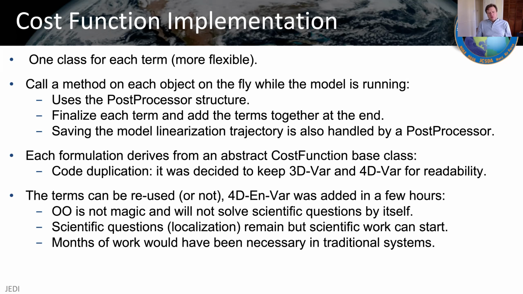So that's really where this system shines, is that it's very easy to reorganize various terms of a cost function to create a new cost function, something that is usually very difficult to do in a system like GSI or the IFS or any of the other existing Fortran codes where things use global variables, so you cannot really change the order in which things are computed, because that would change all the global variables and nothing would work anymore.